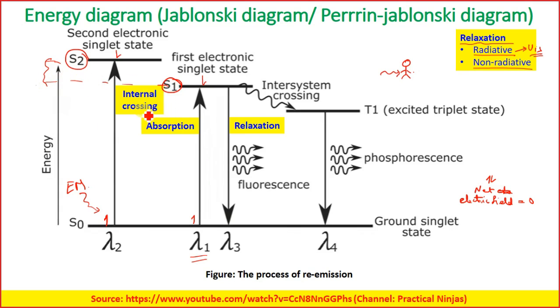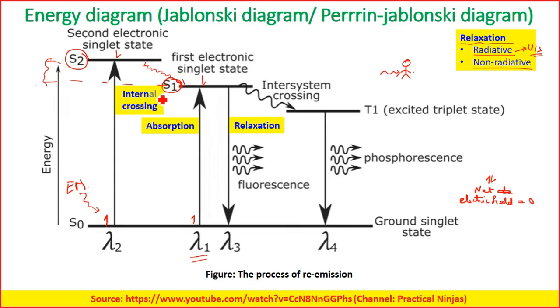So if you see, fluorescence can occur only from S1, which is the first electronic singlet state. So what should happen? The electron which has gone to the second electronic singlet state has somehow come to this first electronic singlet state. It will lose some energy and come over here.